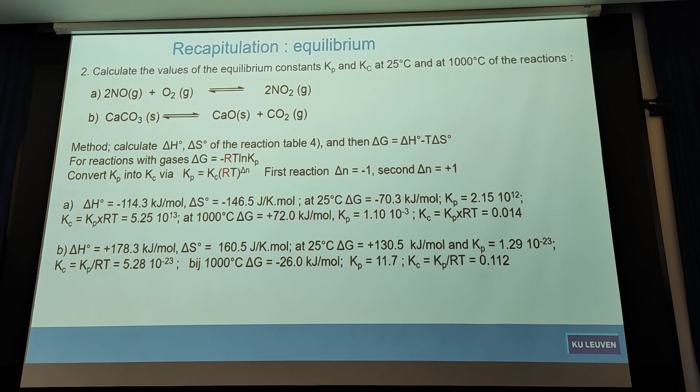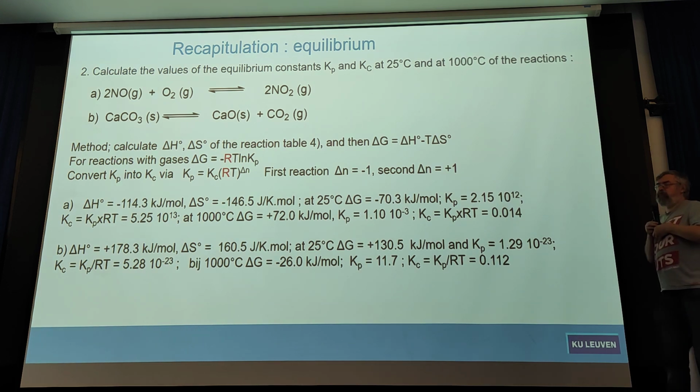Important is to know what happens with the moles of gas that are being changed. We can see that in the first reaction we go from 3 moles of gas to 2 moles of gas, so delta n is minus 1. Whereas in the second reaction we generate CO2, 1 mole of gas extra on the product side, so delta n is plus 1.